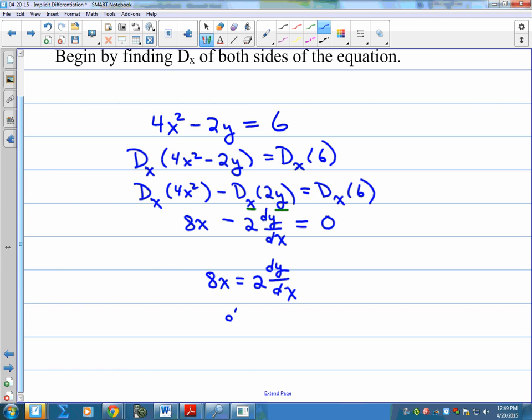Dividing by 2, dy/dx is 8x divided by 2, which is 4x. So it checks out to be the same result. I wouldn't suggest this technique for this given problem because it's easy to rearrange things, but there are others where you won't be able to, and this technique is going to be necessary.